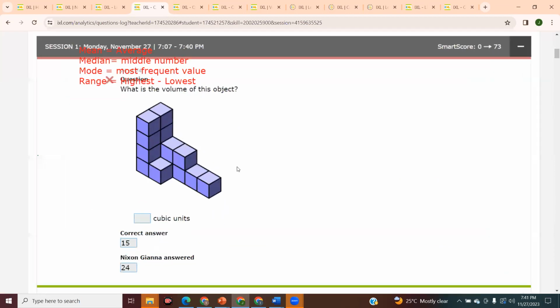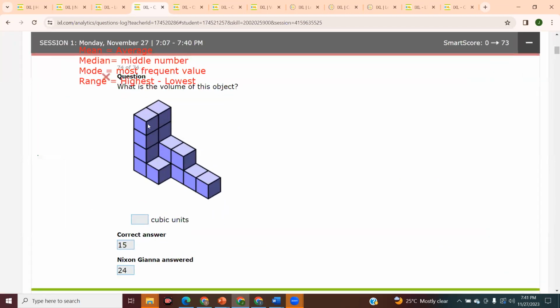Okay, so for this one, you have to assume that there are 2, 4, 6, 8. So this one right here is 8. That's the first thing. Then this one right here, that's another 2. So that's 10, right? Yes, sir.